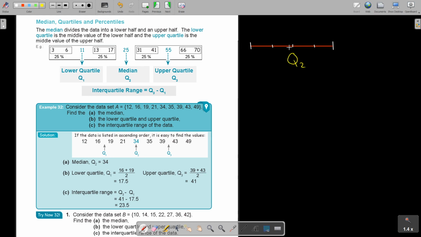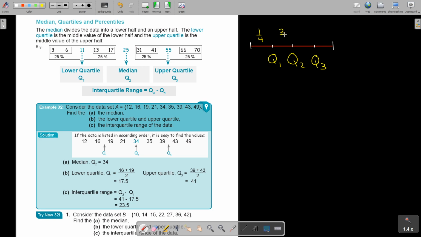Can you see it's 2 quarters? And then this one will be the first quarter, and that's quartile 1. And that will be the third quarter, and that they call quartile 3. So that is coming from there. So don't forget, this is a quarter.